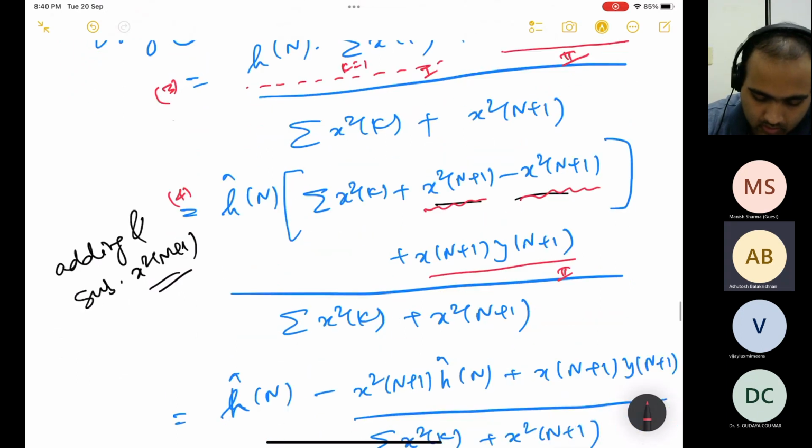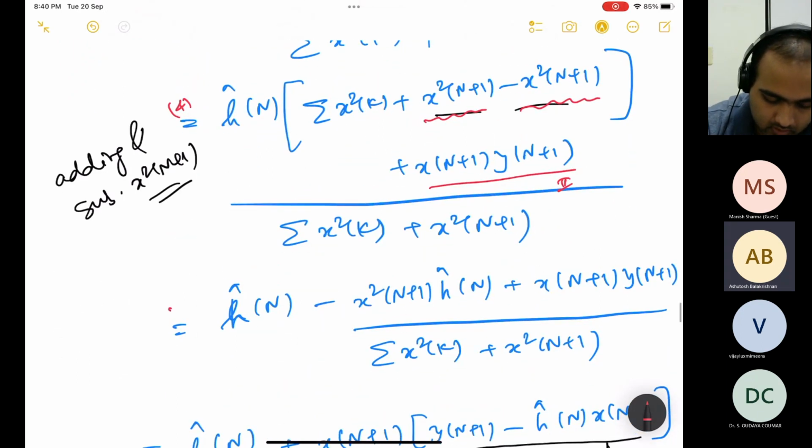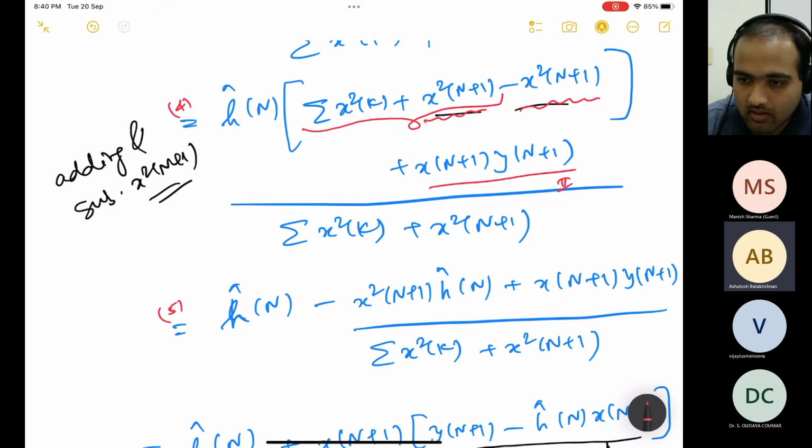Then in step 5, we are going to open the bracket. From step 4 to step 5, if I club the first two terms with h hat n, then the numerator and denominator cancel out, and we are only left with h hat n as the first term.